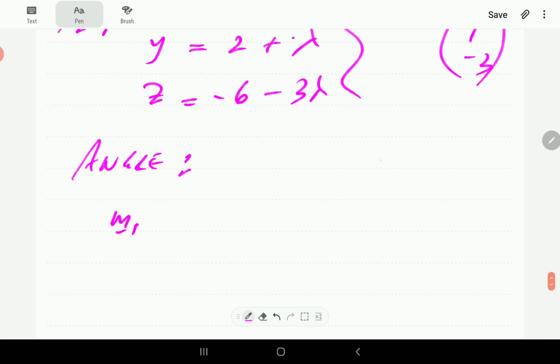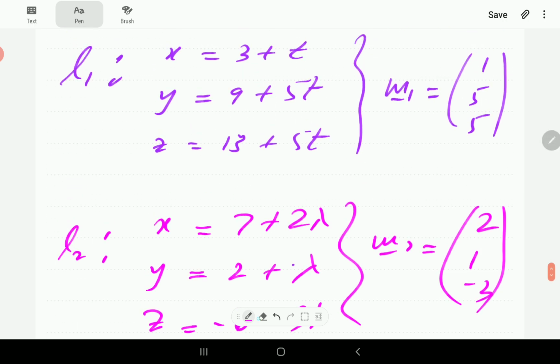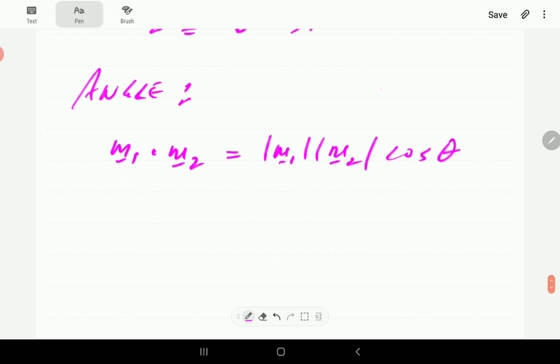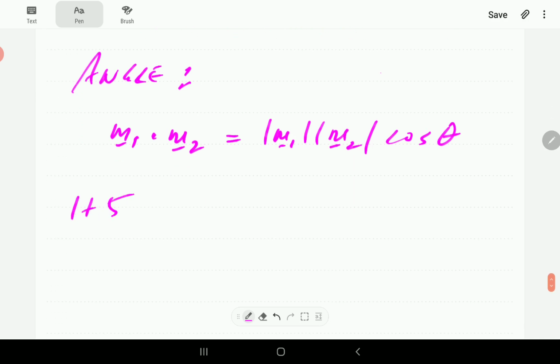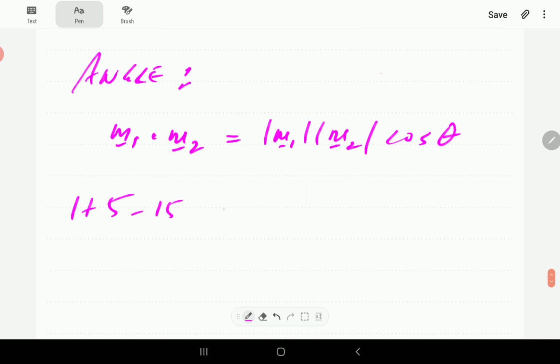So m1 dot m2 is the magnitude of m1 times the magnitude of m2 times the cosine of theta. So for m1 dot m2, it's going to be 1 times 2 plus 5 times 1. So that's 2 plus 5. The last one is 5 times minus 3, which is minus 15.